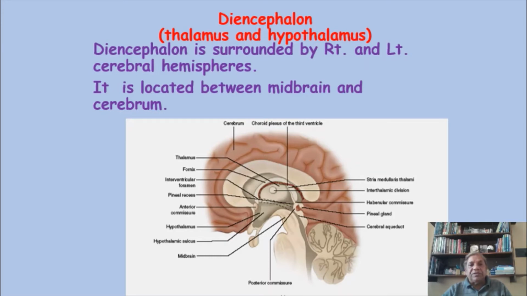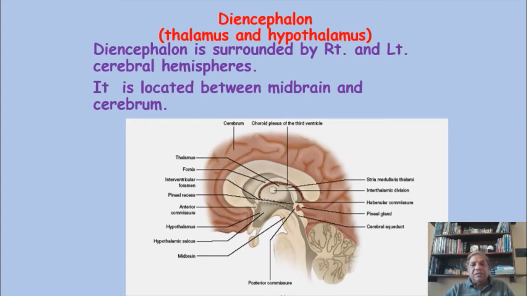This dotted line shows the hypothalamic sulcus. The part above the hypothalamic sulcus is the thalamus, or dorsal diencephalon, and the part below this triangular area is the hypothalamus, or the ventral diencephalon.